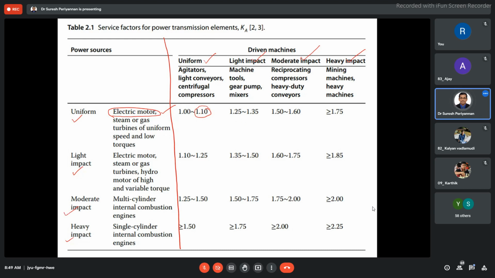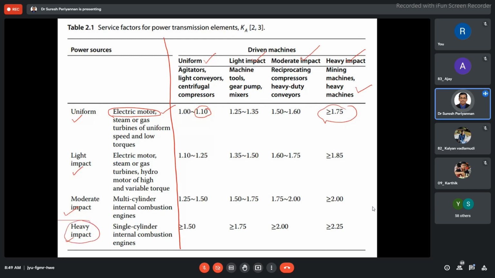Similarly, an electric motor can be used for mining machines or heavy machines. Then I have to consider a factor greater than or equal to 1.75. My nominal power transmission capacity may be 100 kilowatt, but our designed power capacity is 175 kilowatt, from a safety point of view.